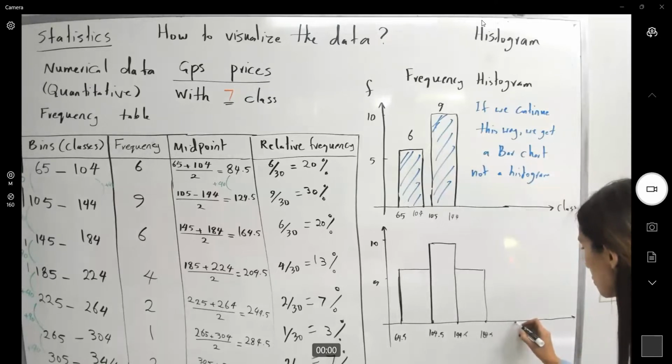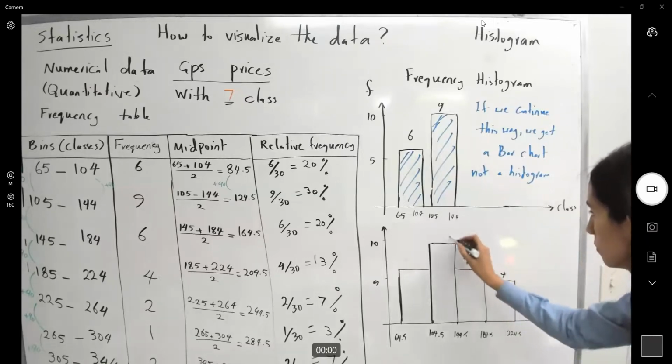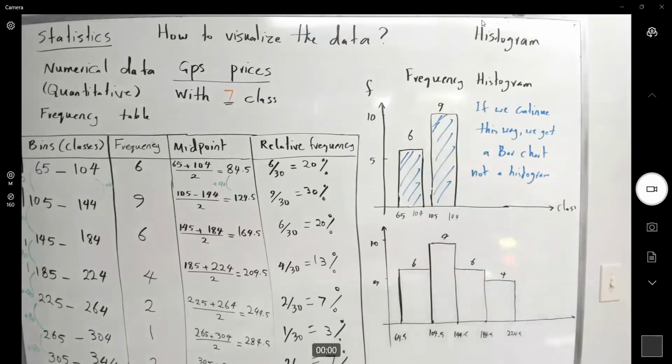Okay. And the next one is going to stop at 264.5, 264.5 with height 2. And then you have one. Just one, okay.